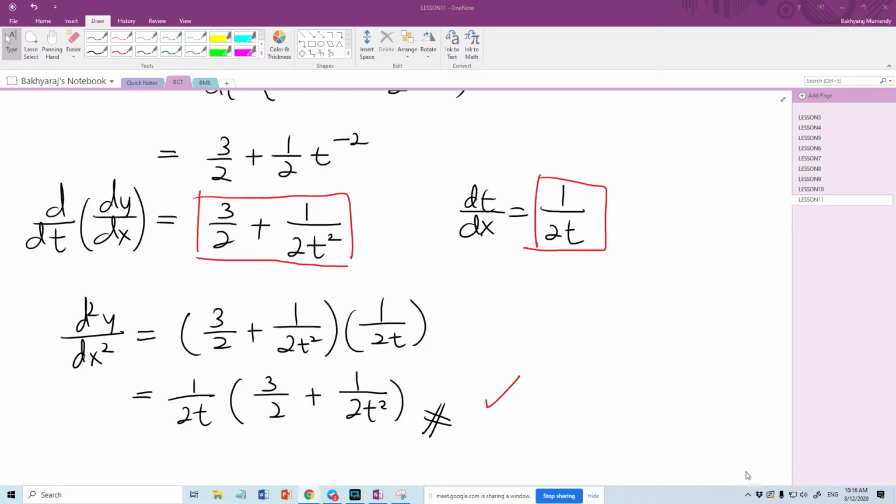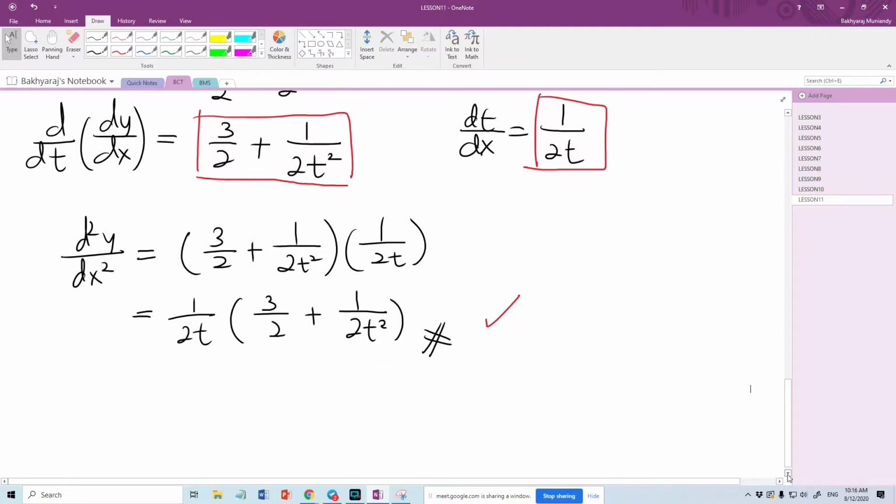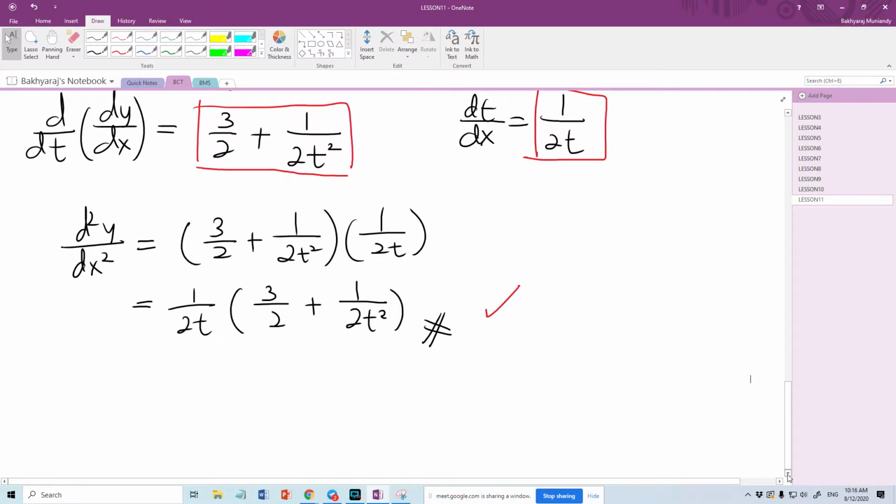Question number 2. Y equals exponent 2t plus 3t, and x equals t minus 2 exponent 3t.